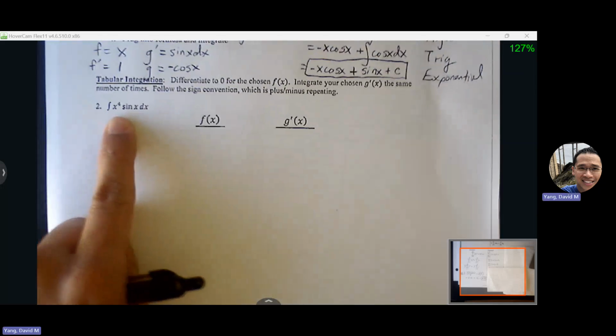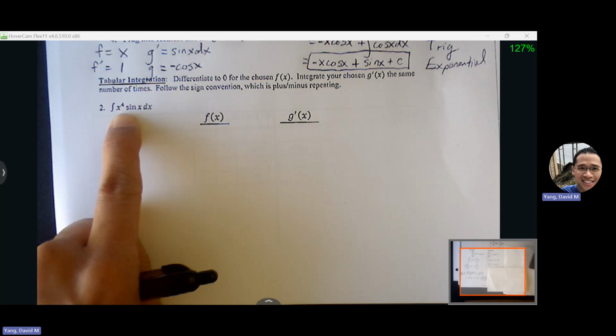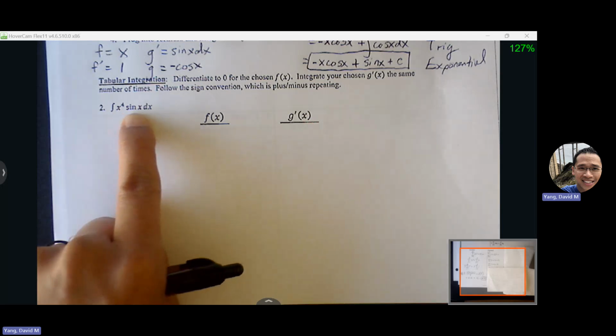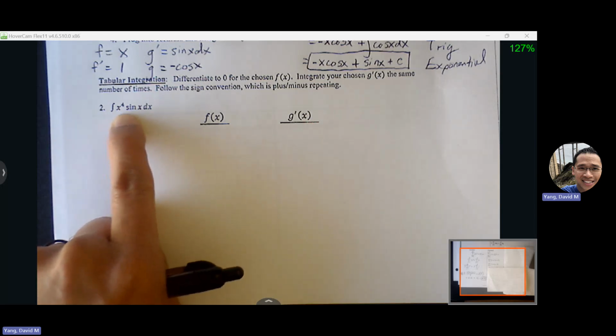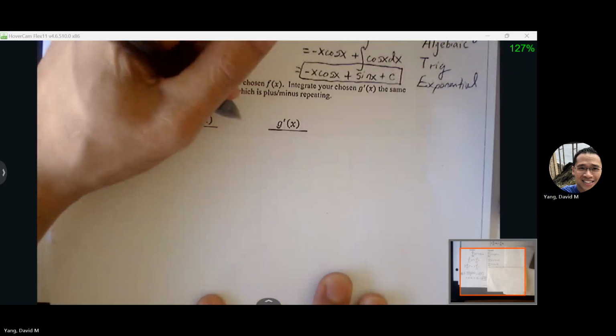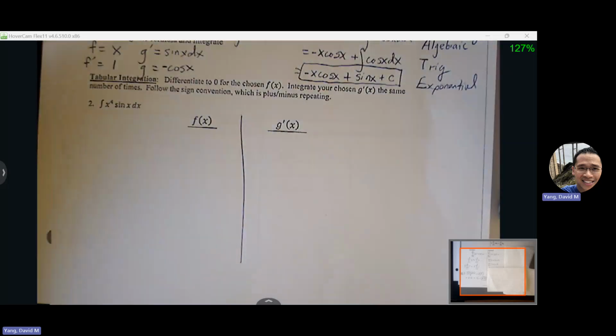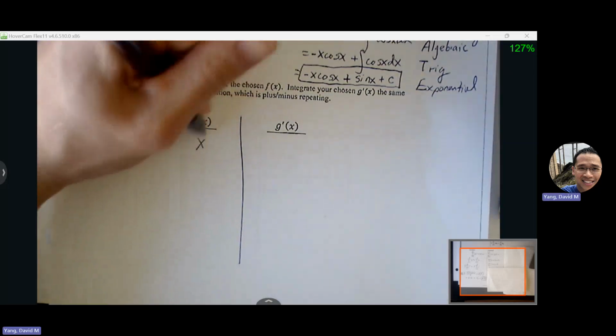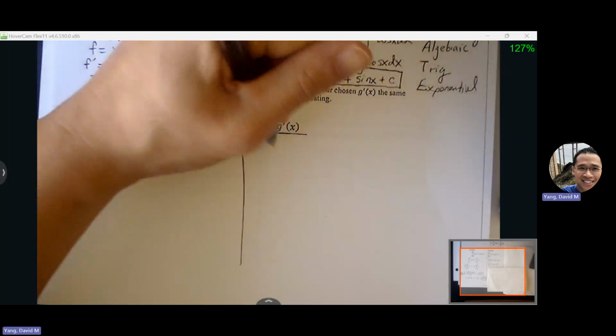So in this case, we can still allow our f to be x to the 4th and our g prime to be sine of x, because there's no logs involved, and algebraic is going to win out over the trig. So we're going to create 2 columns, f and g prime, and let f be x to the 4th, and let g prime be sine of x.